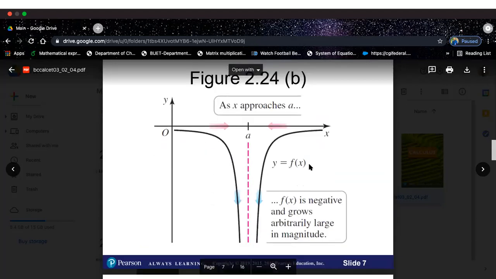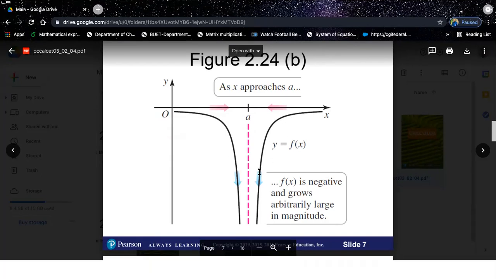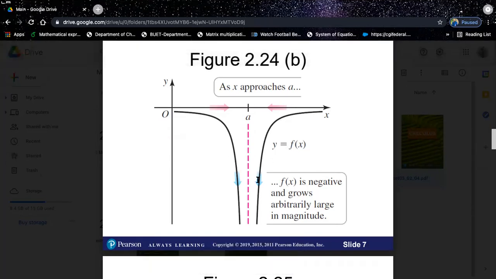Let's see what happens when the function is negative. Again, anything below this x-axis is negative, we know that. So if we are approaching a, and my function keeps growing in this direction, that means we can say the function is actually decreasing, right? Because it's on the negative side.